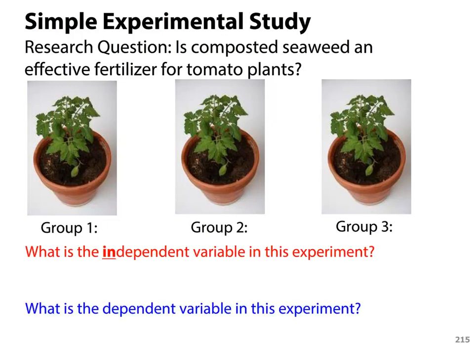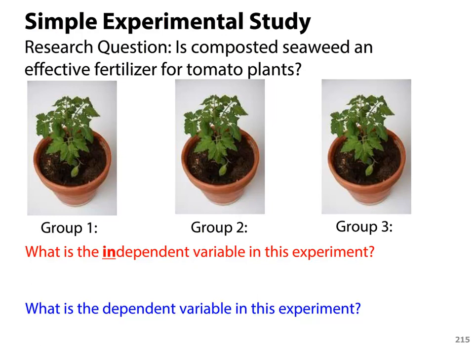By the way, group 2 is your positive control. Okay, so in your positive control, you're adding Miracle-Gro, and you're going to get an expected result that those plants are going to be taller than your negative control. So Group 1, negative control. Group 2, positive control. And Group 3 is your experimental test group.